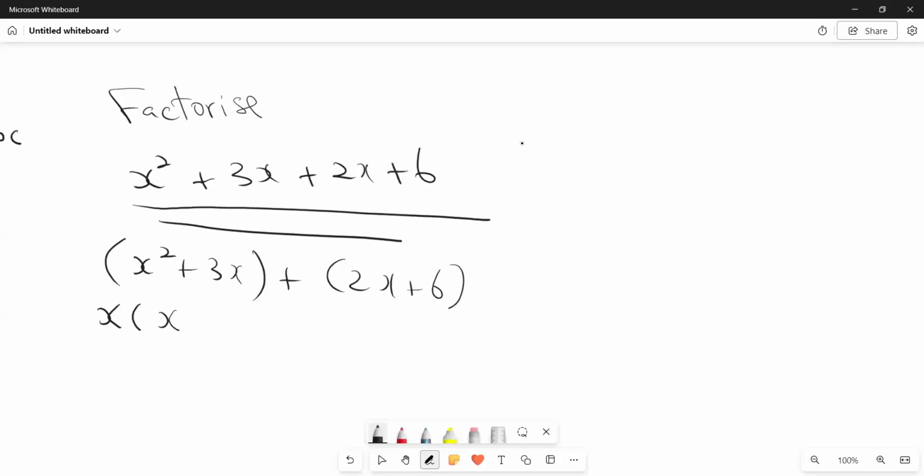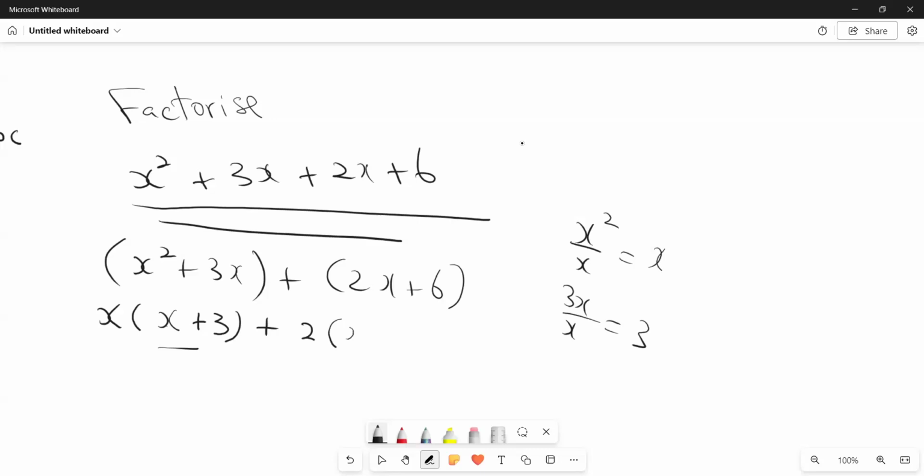X squared divided by x will give you x plus 3x divided by x will give you 3. Notice you have to do the division mentally. If you can't, write it in the corner here. X squared divided by x will give you x. 3x divided by x will give you 3, and that's what we write in here, right? Plus, what's common here? 2.